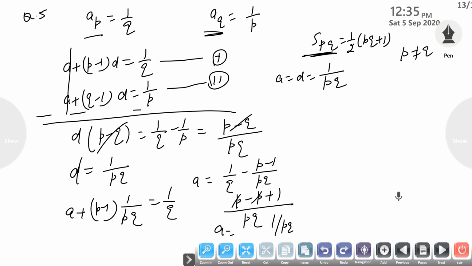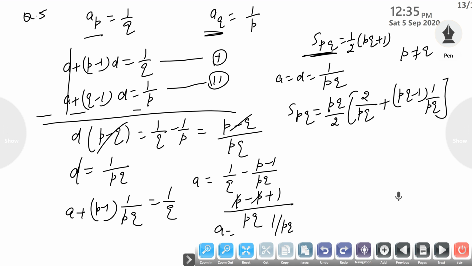So we have to find the sum s pq. Using the formula, we get n by 2, meaning pq by 2, into 2a, meaning 2 upon pq, plus n minus 1, meaning pq minus 1, into d, meaning 1 by pq.